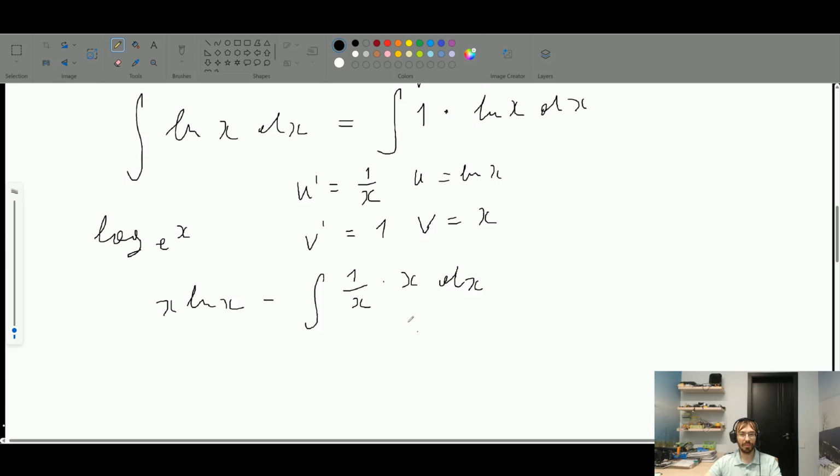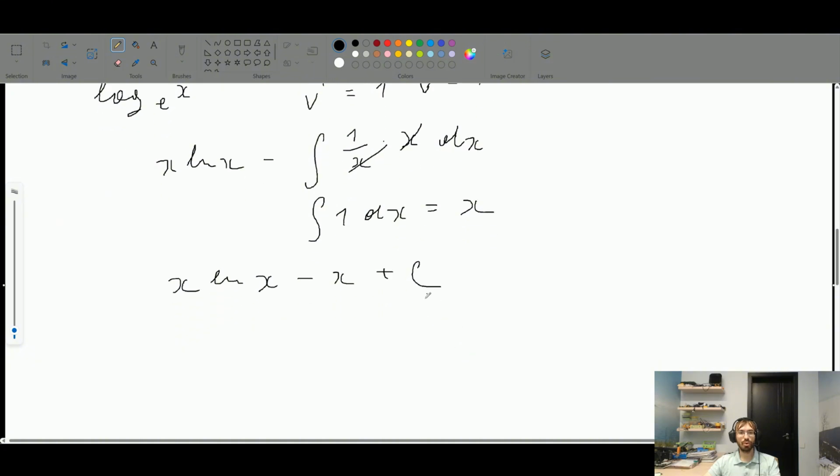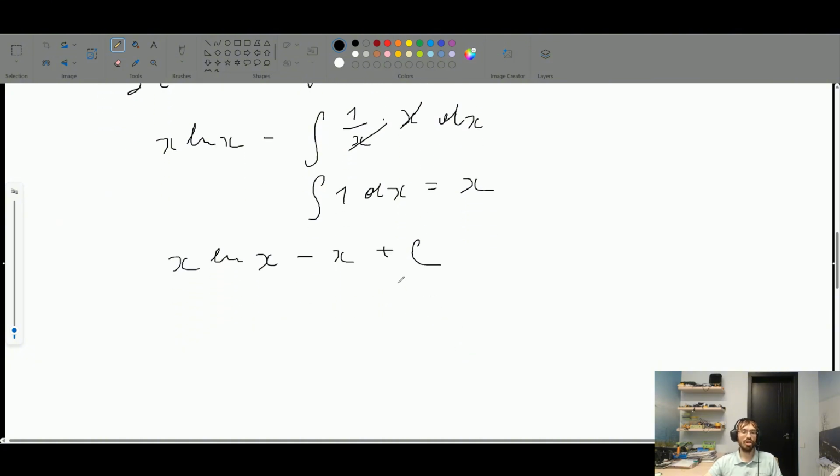The nicest thing about it is that x and x in the denominator will cancel out, they will simplify, so we'll have just the integral of 1 dx, which is x. So the final answer to that seemingly complicated integral is simple: x ln x minus x plus c, and that's all. Now you know how to solve complicated and not so complicated integrals using the method of integration by parts.